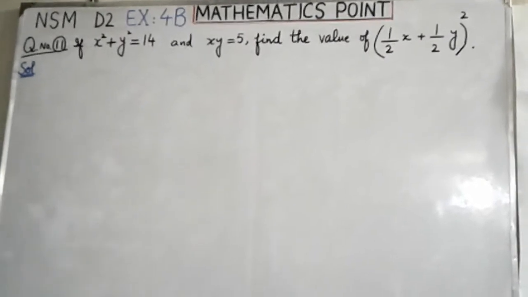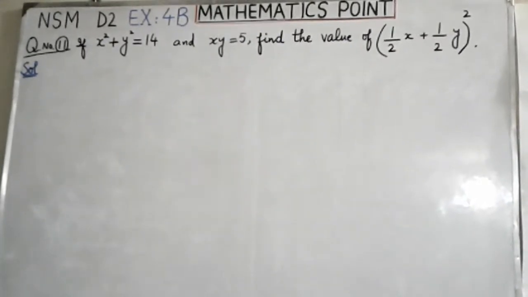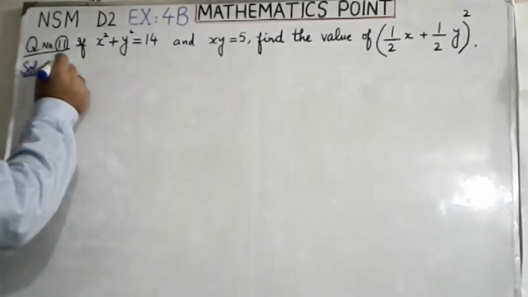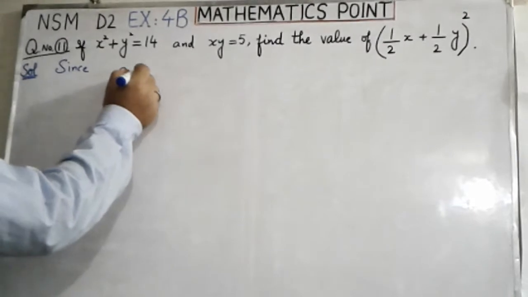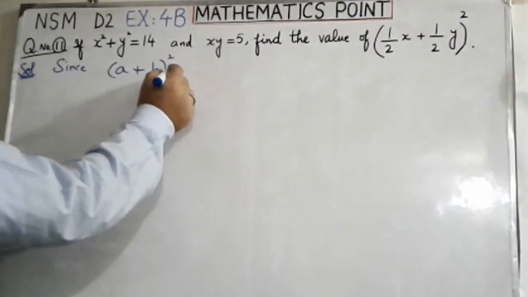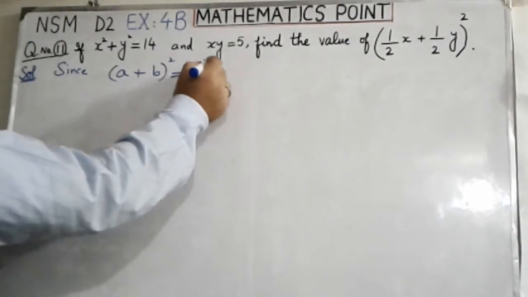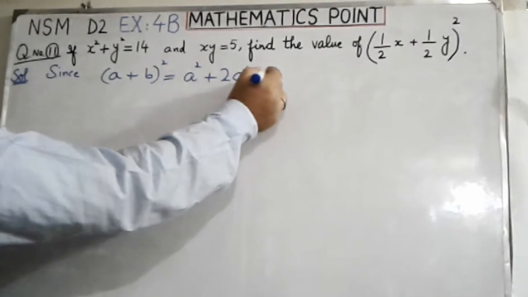Students, you have learned an identity: if you have a plus b whole square, it is equal to a square plus 2ab plus b square.